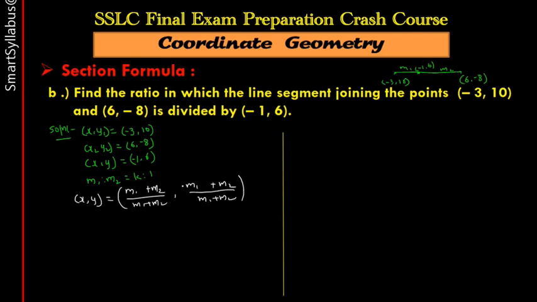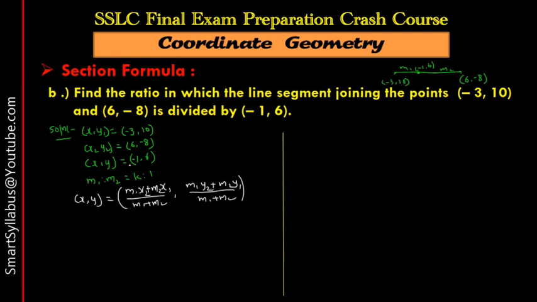We just complete the formula now. It's x2, it's x1, and here it's y2 and it's y1. So this is the section formula. Let's substitute the values of x1 y1, x2 y2, m1 m2 and xy. Substitute all the values, and automatically we get the values of m1 and m2.